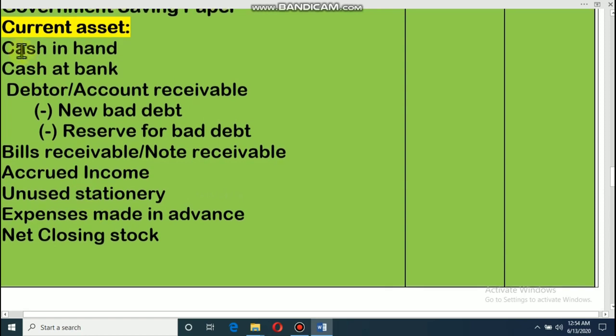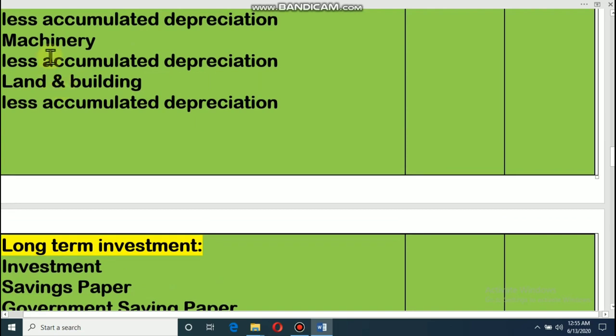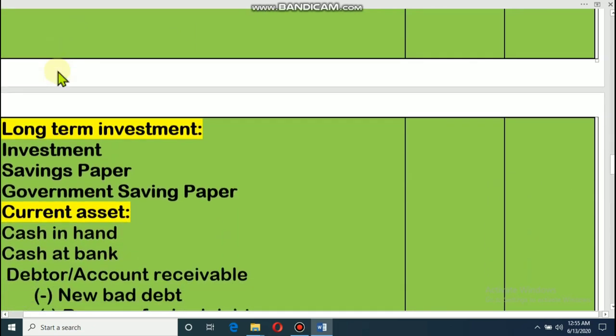Dear student, these are some examples of current asset. In practical life you will find many other current assets. The main characteristic of current asset is that this type of asset is changeable within a short time. But dear student, fixed assets like land and building, machinery never change within the short term.